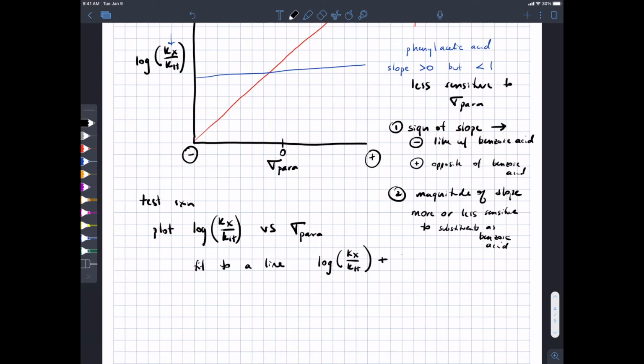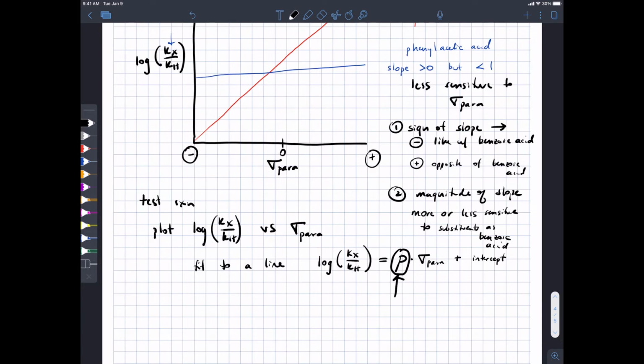The slope we're going to call rho, because why not? Greek letters, right? Rho times sigma para, and then there will be some intercept, which I'm not going to even give a number to. All right? So this rho value is going to tell you things about the reaction.